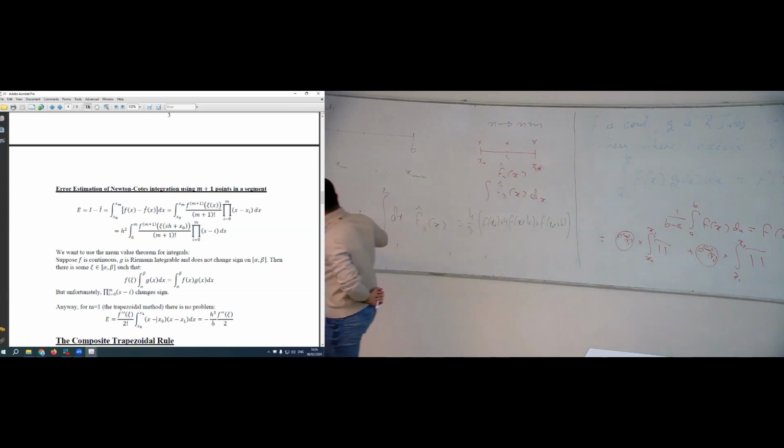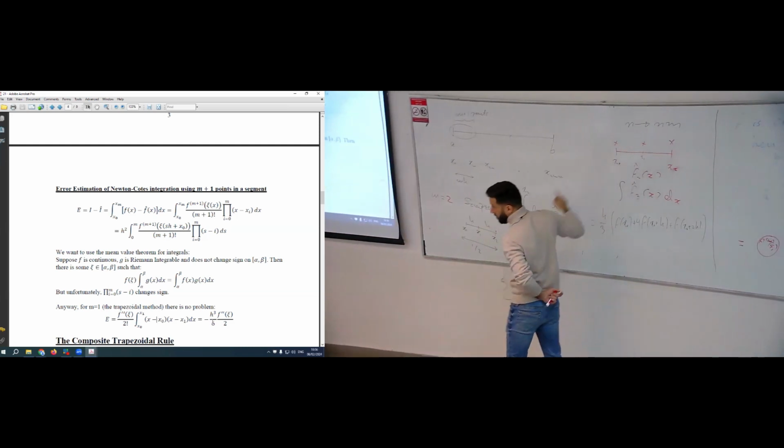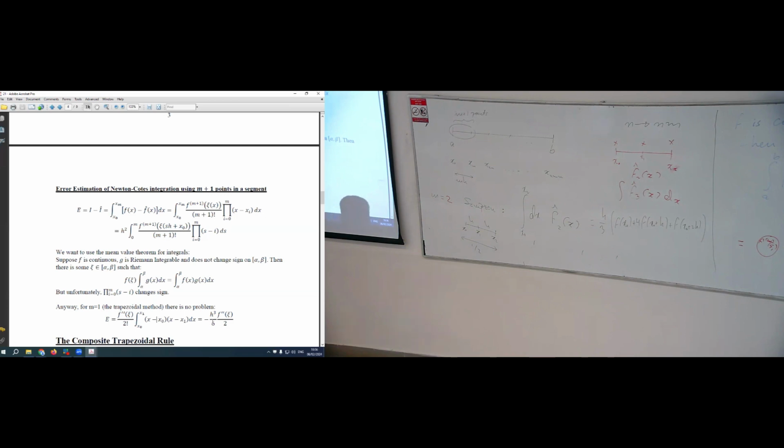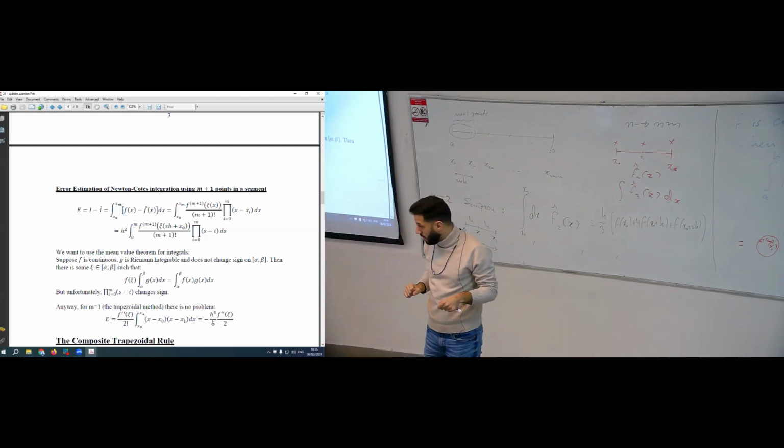Your condition will talk about the first derivative here, and then the error that you will get will not change sign from x0 to x2, because it will not have x minus x1, it will have x minus x1 squared. So it will not change sign in the range.